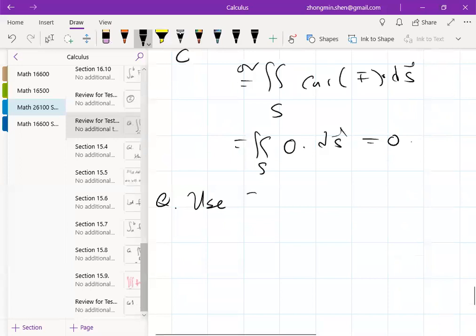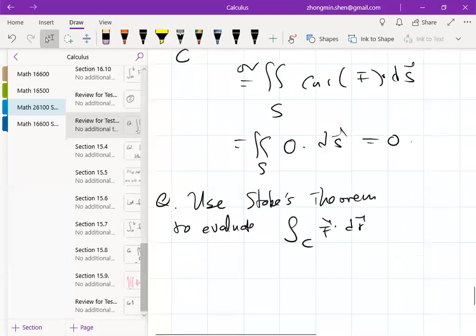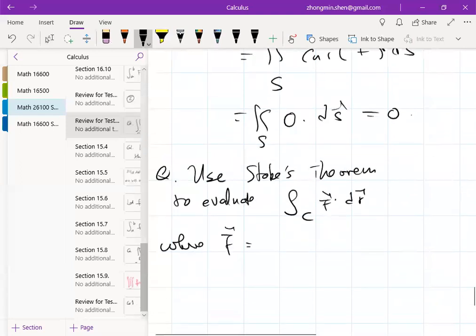It says to use Stokes' theorem to evaluate this line integral, where the function is defined in space as F = xy i + yz j + zx k, right?